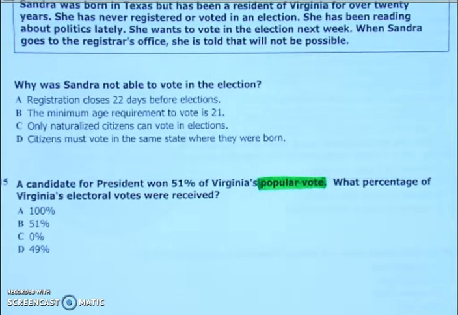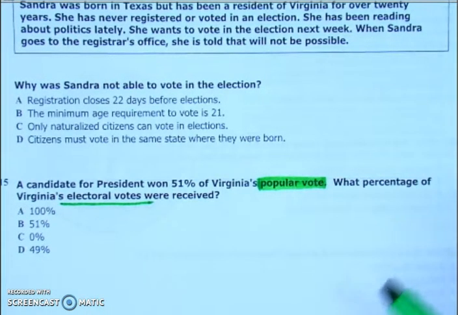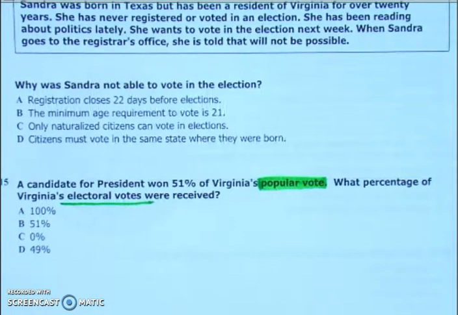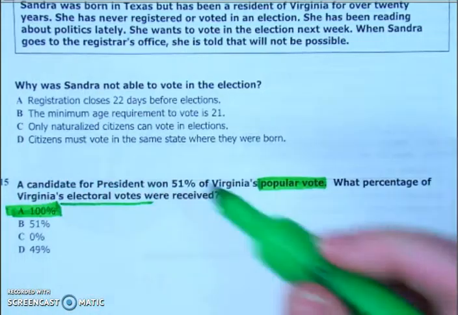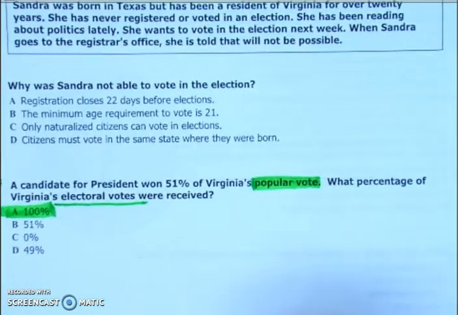Then after those votes are counted, the electoral votes are determined. In this country, we have a winner-take-all system, which means if you win the popular vote, you win all of the electoral votes. So the answer was 100%. That one was a little tricky.